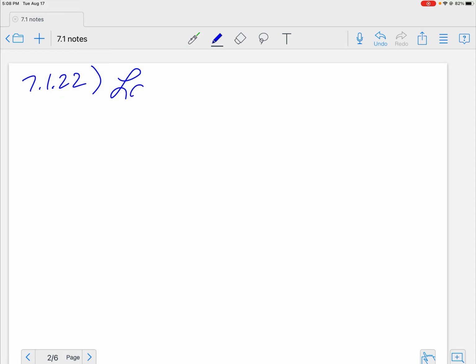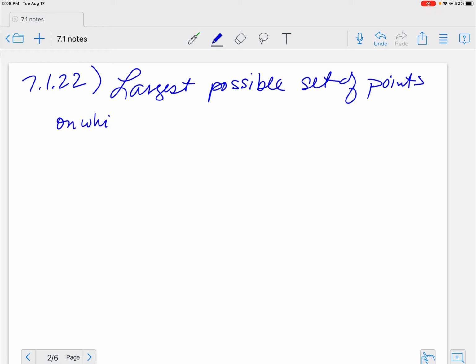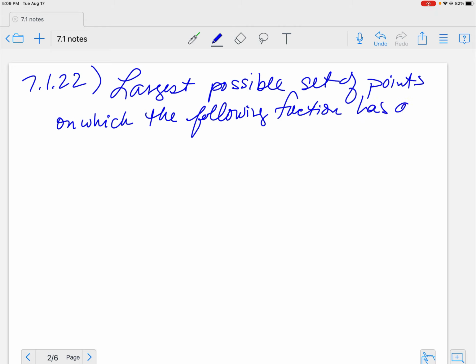Okay, so we're looking for the largest possible set of points on which the following function has an inverse.